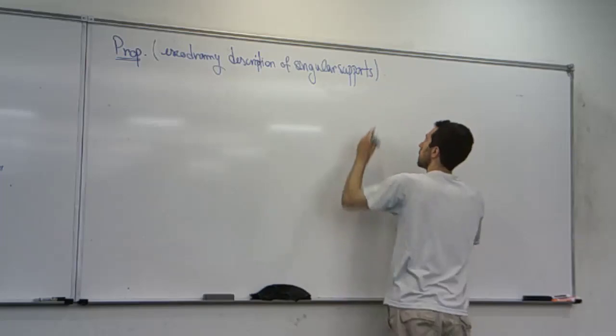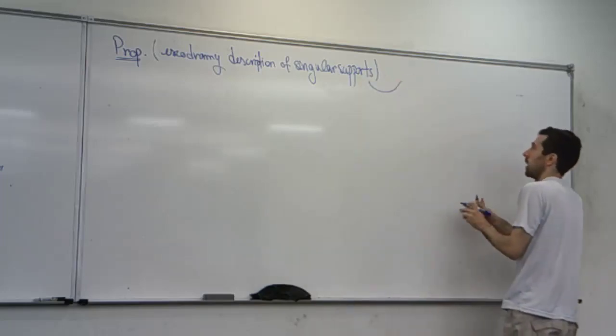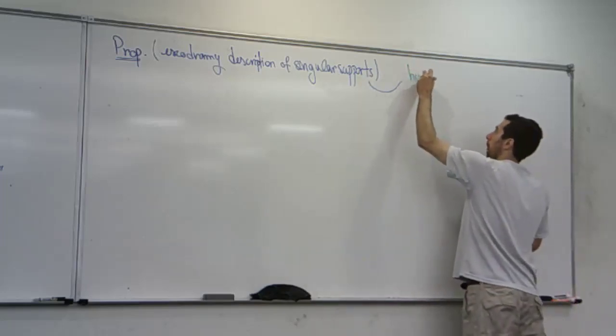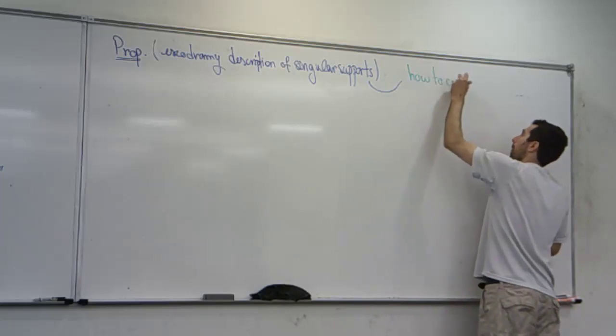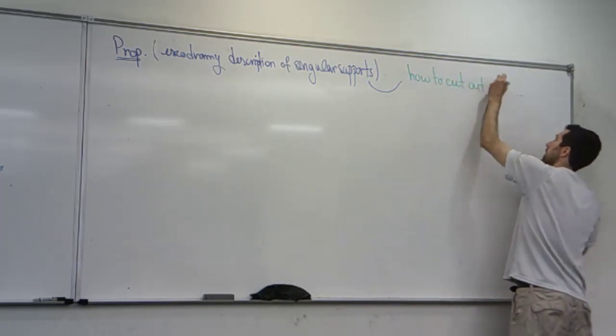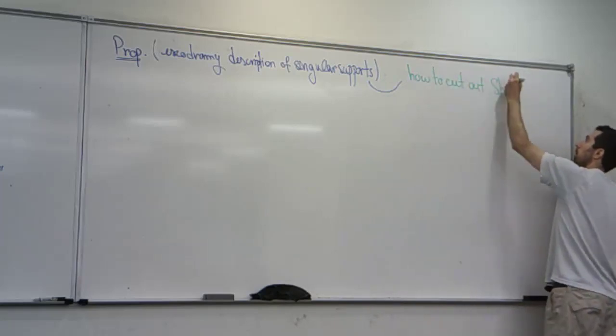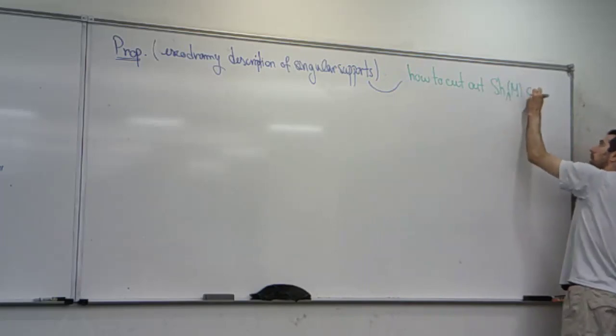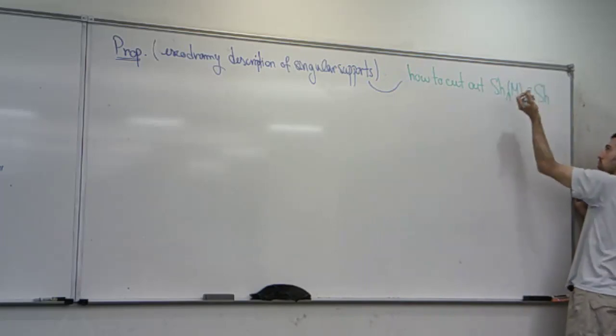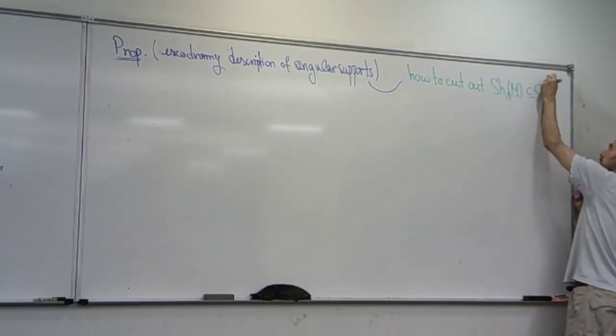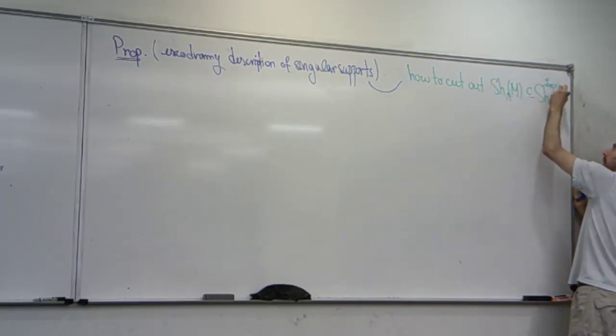And the idea is, the punchline is how to cut out Sh_Λ(M) from the category Sh of just constructible sheaves, but with respect to the front stratification.